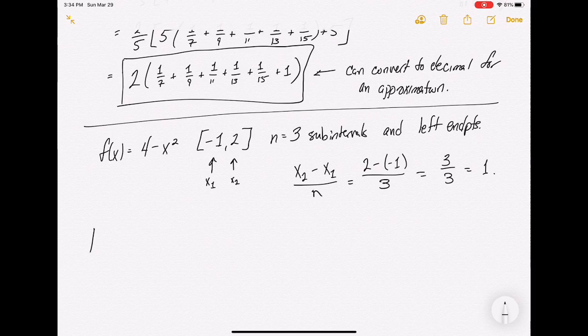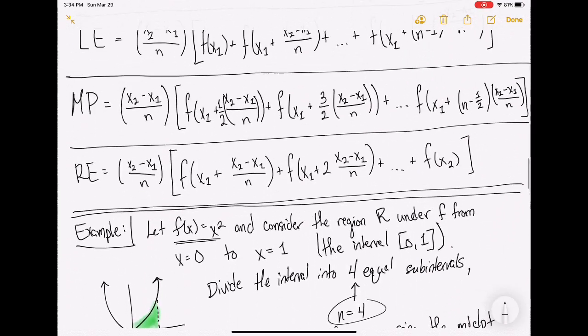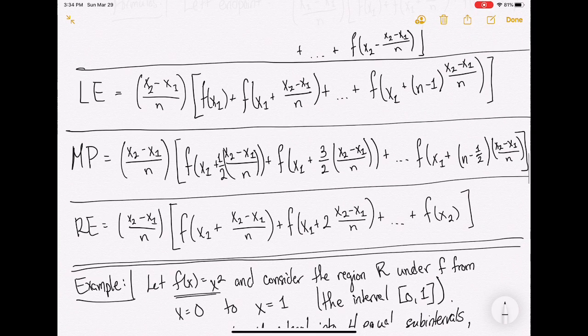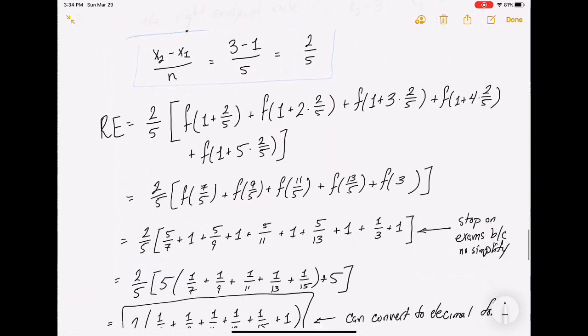So if I use my left endpoint formula all the way up, right here, left endpoint, x2 minus x1 over n, that was just a 1 out front, and then I start at f of x1, and I just start adding this ratio to it.